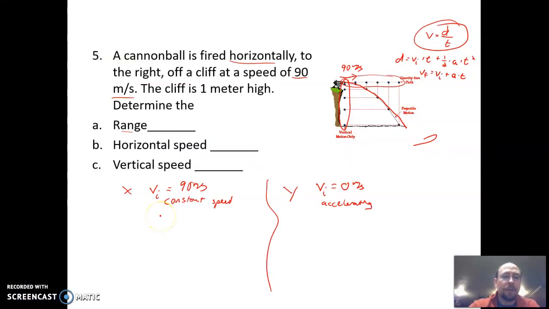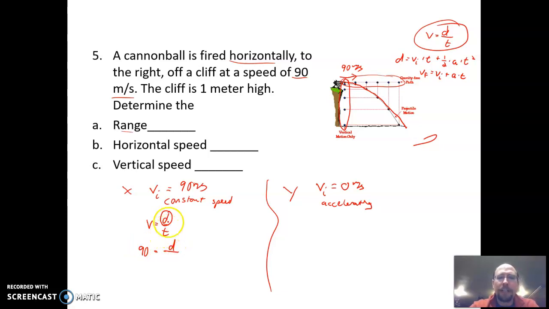Okay. So we're going to use this equation, v equals d over t. And we're going to solve out for the range, this horizontal distance, which means we need to know the other stuff. The speed, it's 90 meters per second, equals the distance, we'll solve for it, and the time.